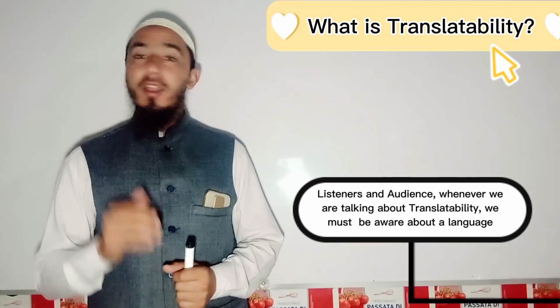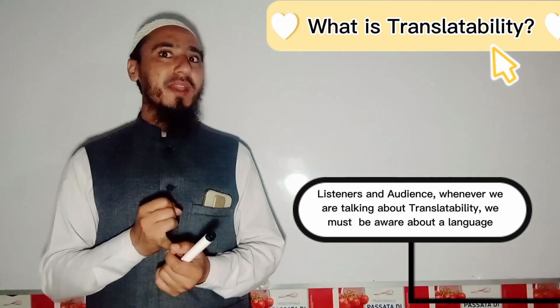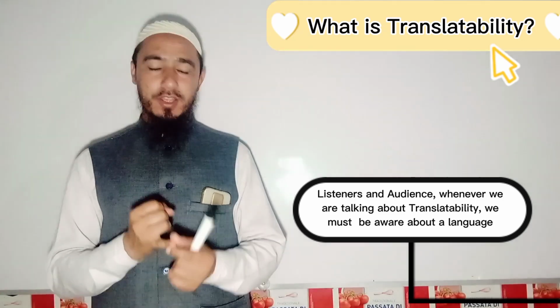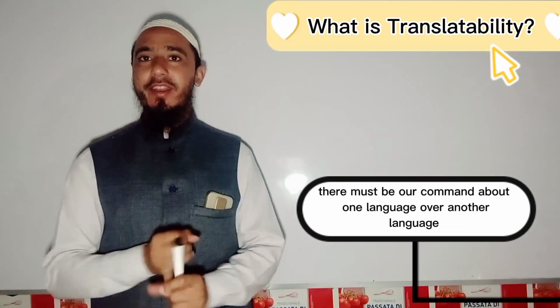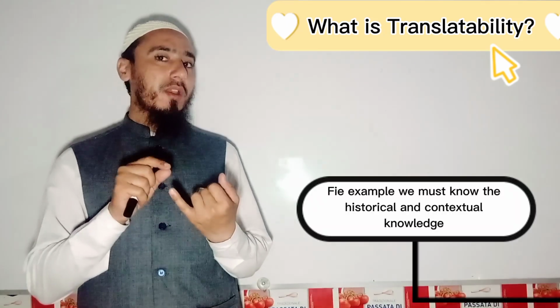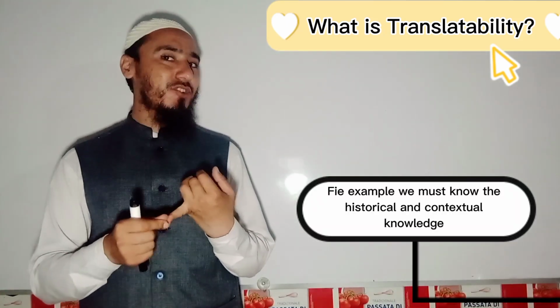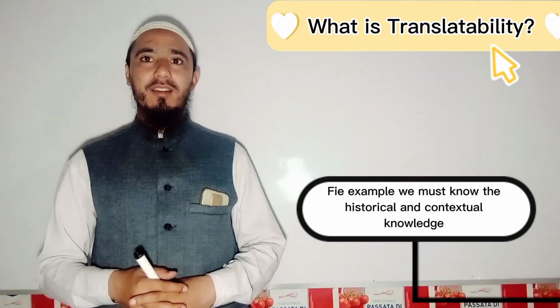Listeners and audience, whenever we are talking about translatability, we must be aware about a language. There must be our command about one language over another language. For example, we must know about the historical, contextual knowledge.